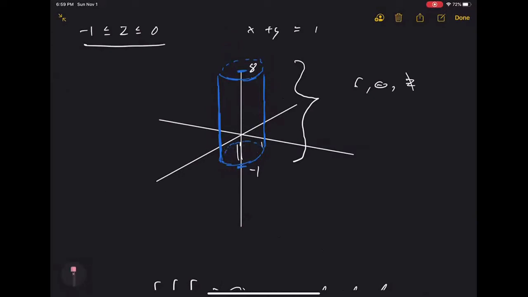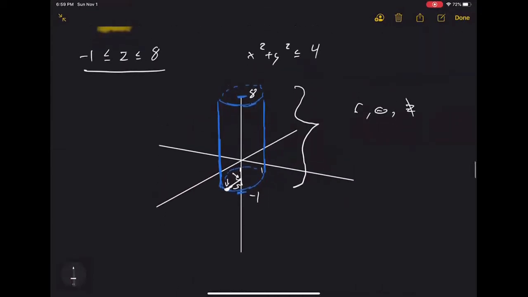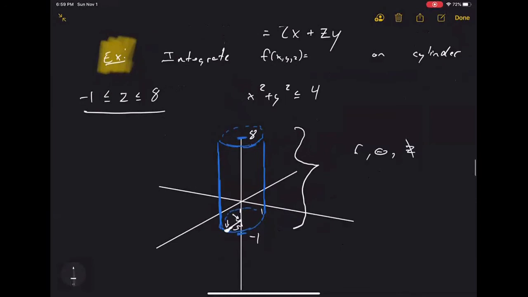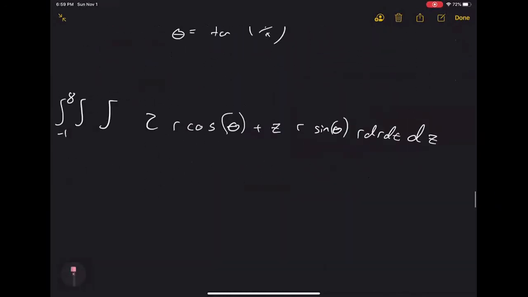Well, my radius for this object never goes past this outer wall. So my radius is between 0 and whatever length this is. What's the radius of this circle? It's radius 2. So our r's are from 0 to 2.